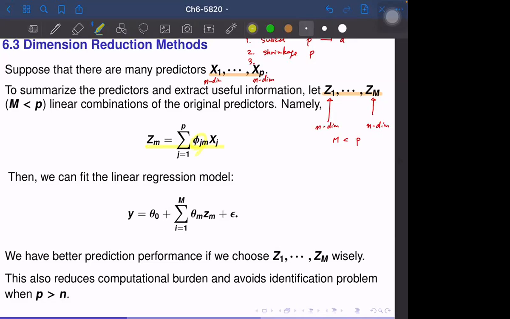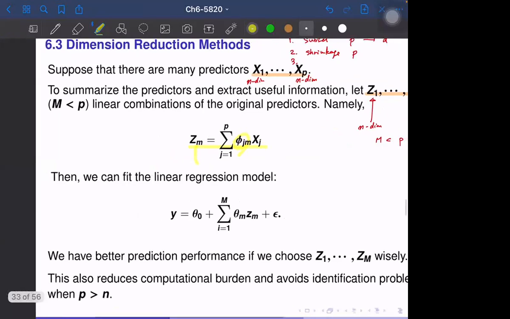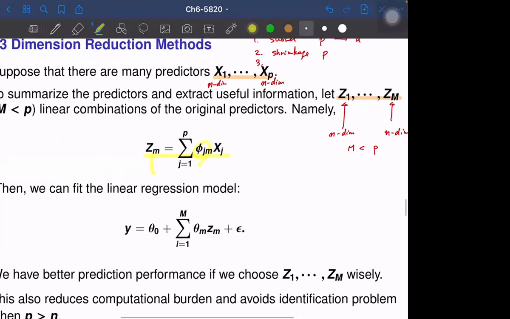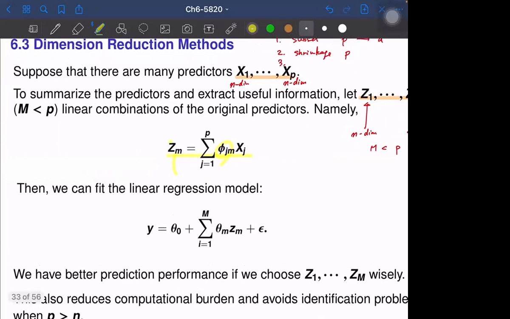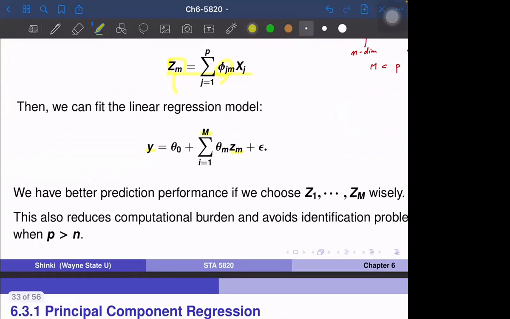Then we determine these coefficients, and Z_m is overall the price level. So in that way, the linear combination of X_j is more meaningful than each X_j itself. And once we summarize the data, we can regress Y on these Z_m's. Since capital M is smaller than p, estimation is often easier and more stable.